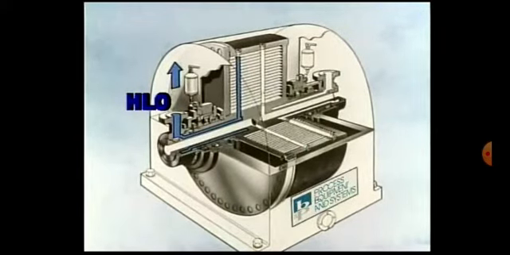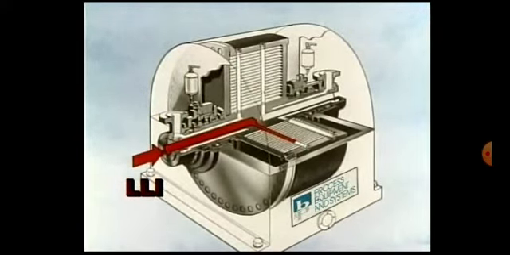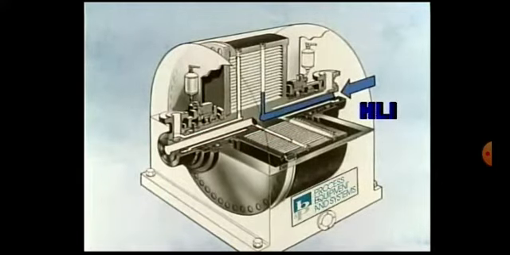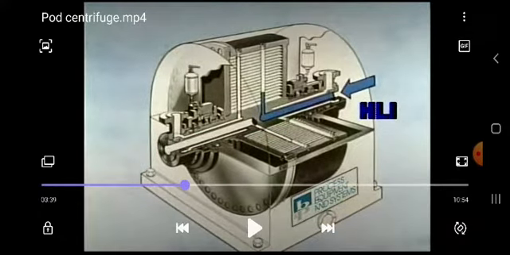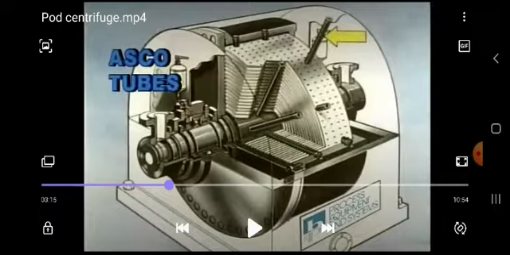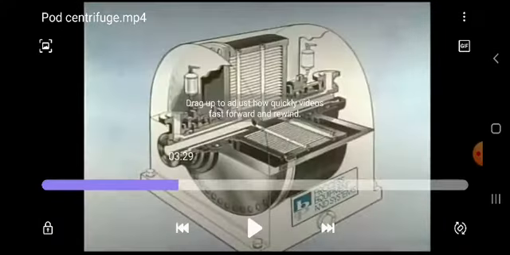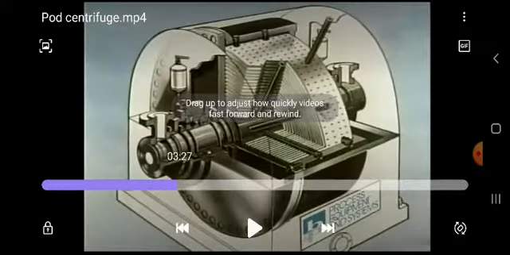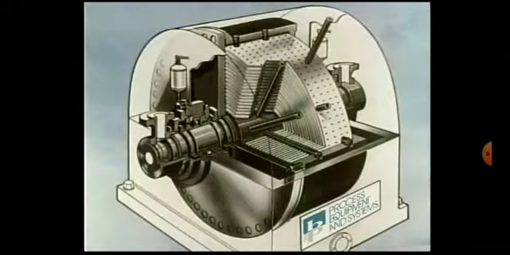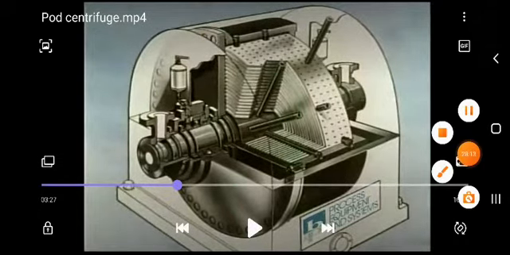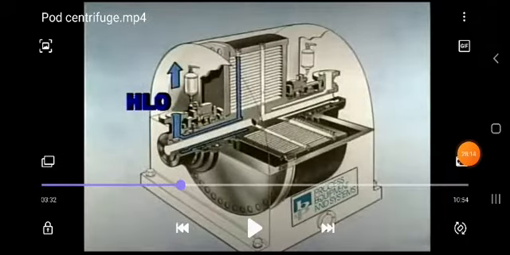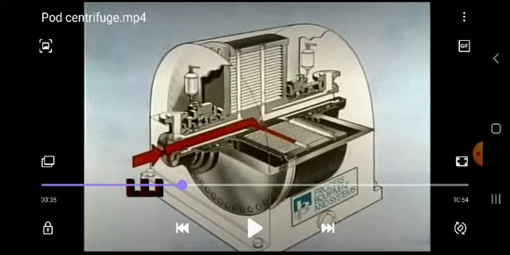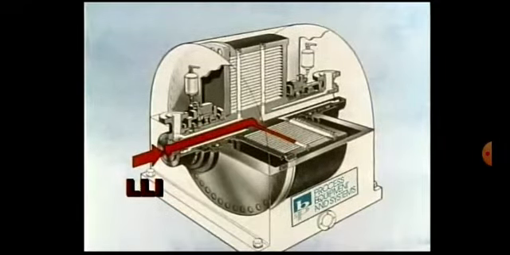This is the end for heavy liquid out. This is for light liquid in. You can note that this is light liquid out, and sorry, heavy liquid out, and this is light liquid in.